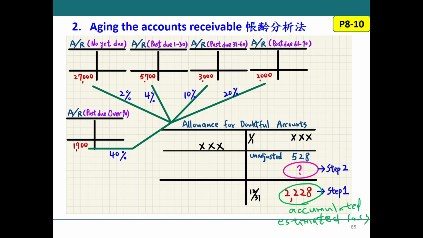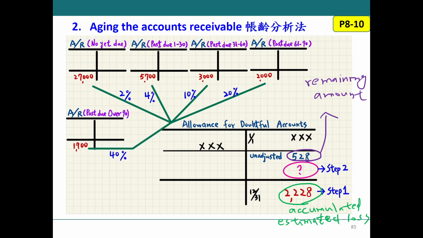On our accounting books, we still have 528. So this 528 is the remaining amount still in your accounting books. Based on the total amount we need, on our accounting books we still have 528.